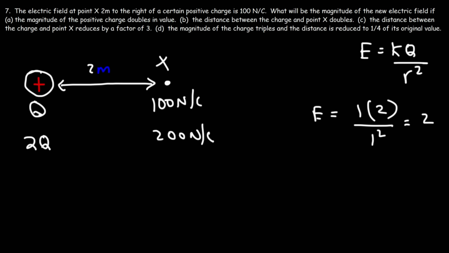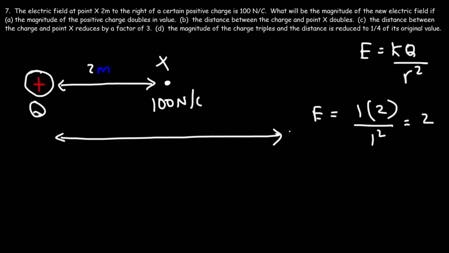Now what about part B? Let's say the distance between the charge and point X doubles. So let's say point X is now over here, and the magnitude is Q. What will be the new electric field?